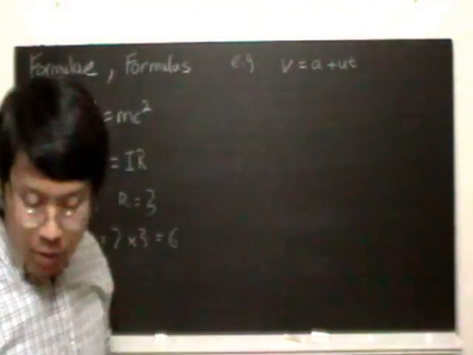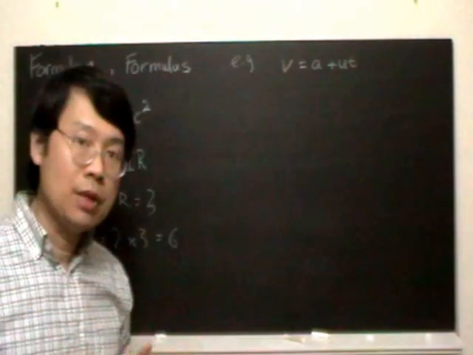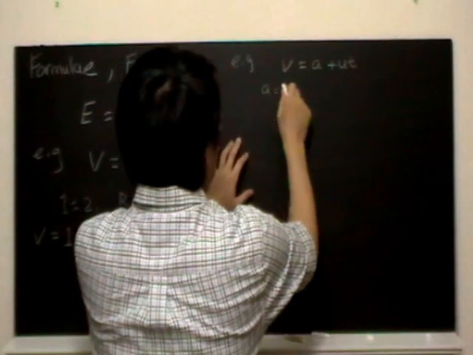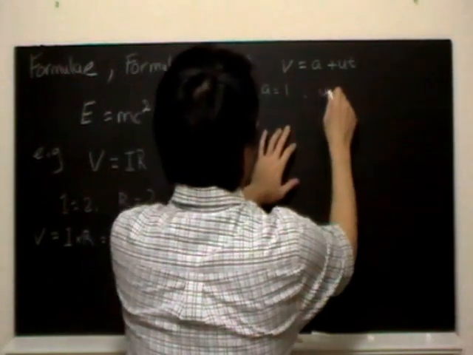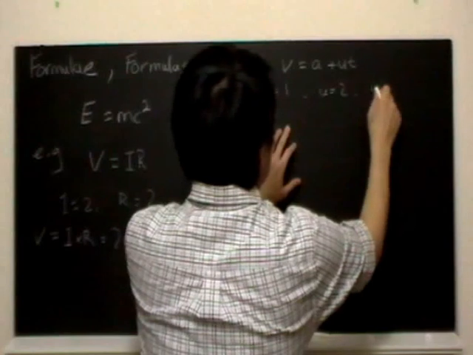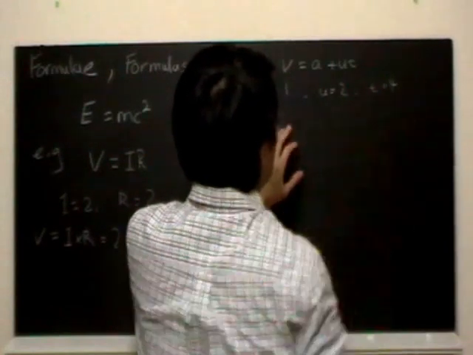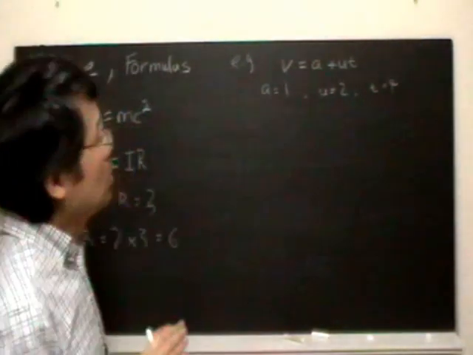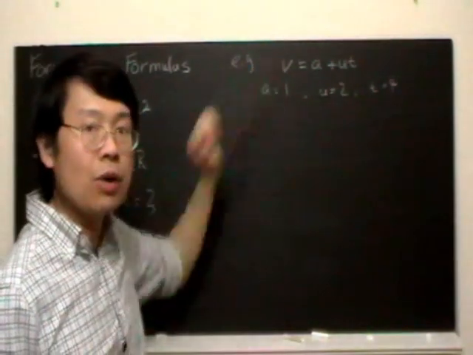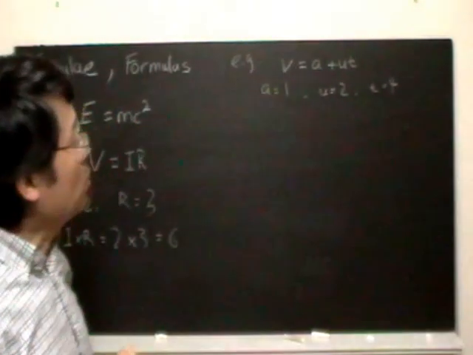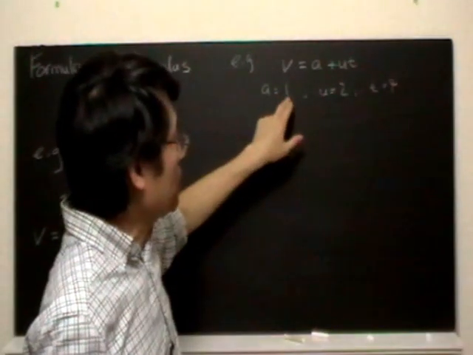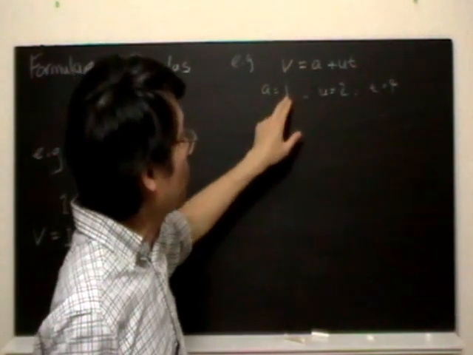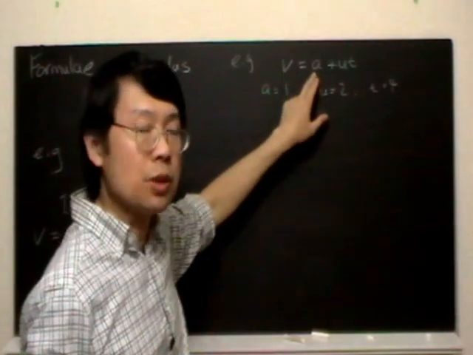And suppose now that we are given the values of A is 1, U is 2 and T is 4. If we are given these values, we can use the formula to find V. All we need is to substitute the numbers of each symbol into the formula.